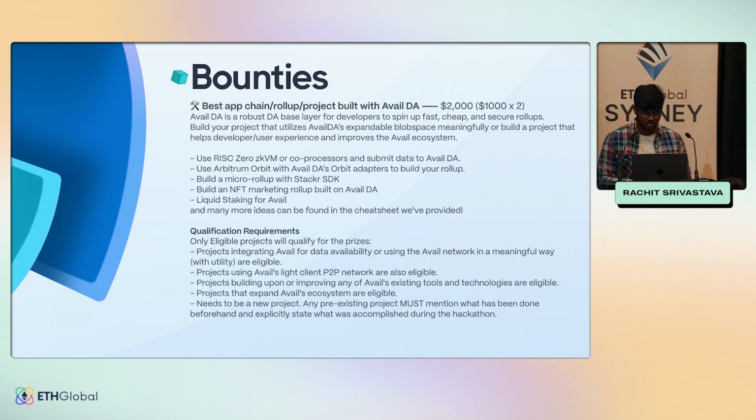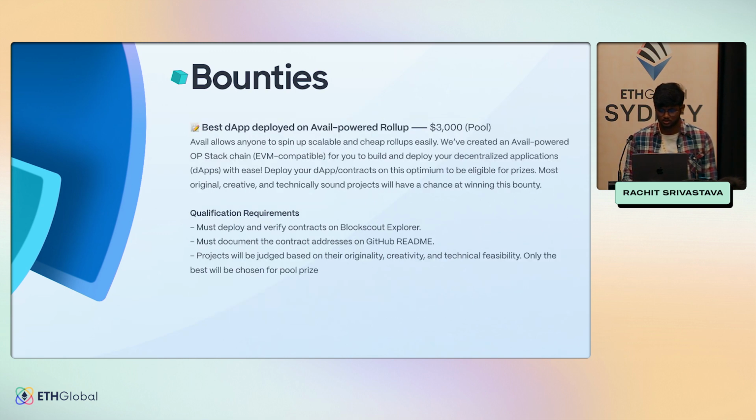That's a good use case. You should be using Avail behind the scenes to be eligible for the bounties. In general, if you are using Avail as a DA or light client P2P network, or you are improving any of the tooling, you will be eligible for the bounty. Only 2 winners will be selected for this second one, and the first one is a general purpose one where it will be a pool of submissions.